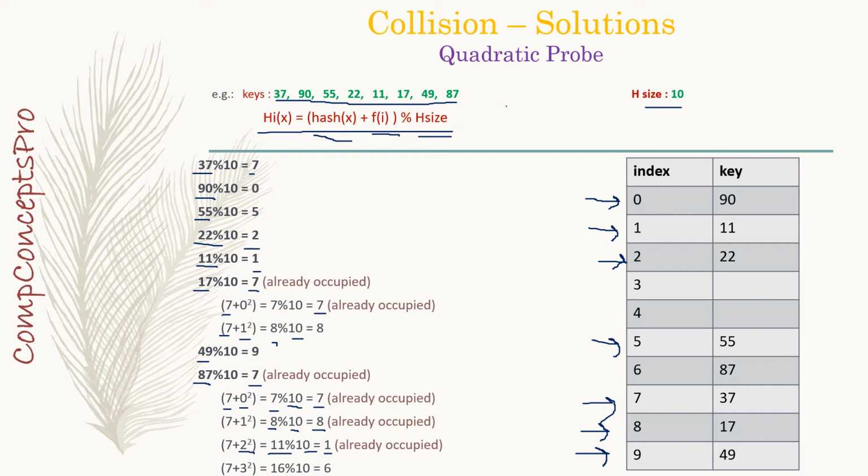So f(i) will be 3 square, which gives 9. So 7 plus 9 gives 16. 16 mod 10 is 6. So index position 6 is empty as of now. So we can store 87 at index position 6. So this is how the formula for quadratic probe works.